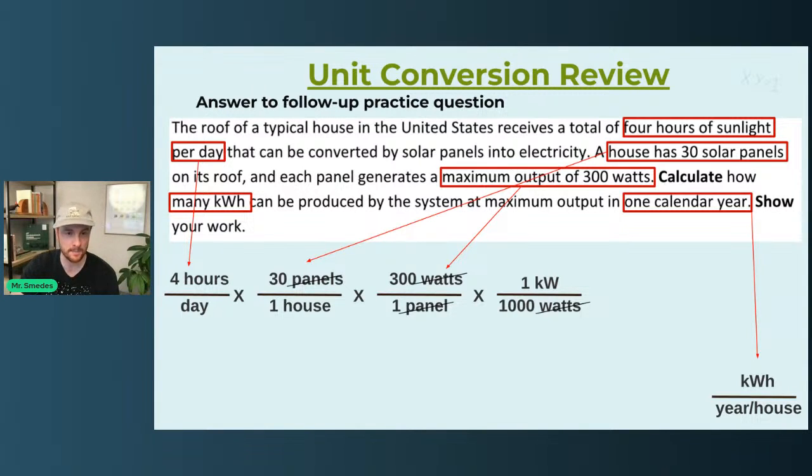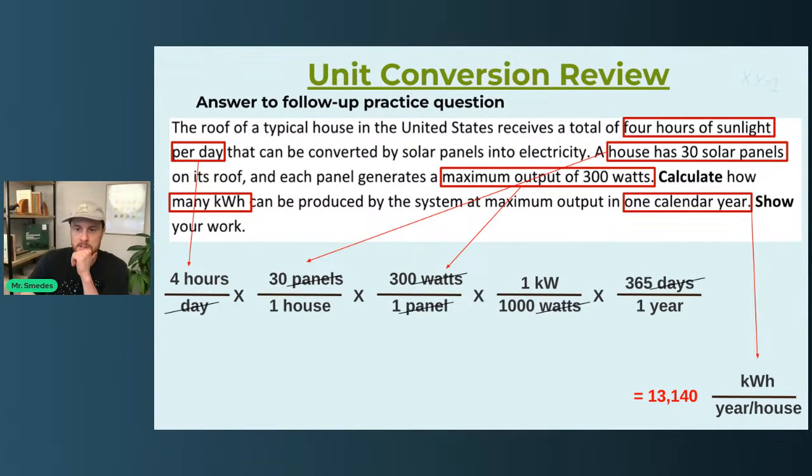And our final step is just to get from days to years. So we go 365, that goes on top because days was on the bottom way back at the beginning. And now our final units, the only ones not crossed off, are hours and kilowatts, which is what a kilowatt hour is. It's just hours times kilowatts. And then we have per year per house on the bottom. And so that is our final answer. We just multiply everything through there and we get 13,140.